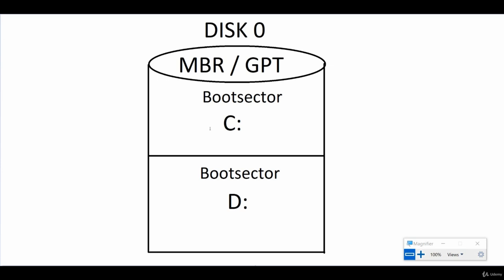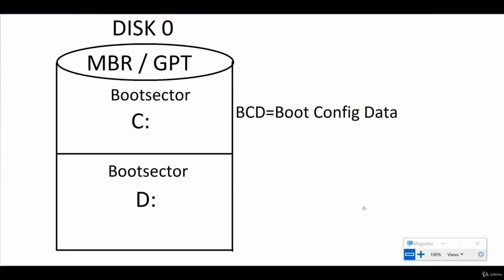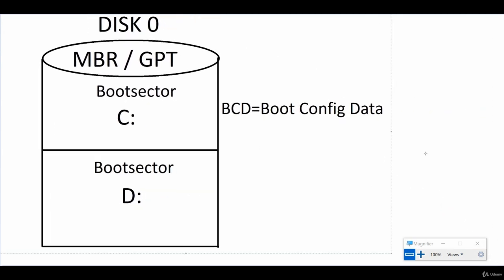From there, on our C drive, which is probably where Windows is installed, we have something called the BCD, which stands for Boot Configuration Data. I'm just going to say Boot Config Data to save some room. Let me move this over to make more room. Boot Configuration Data, BCD, is what our computer uses when it boots up.